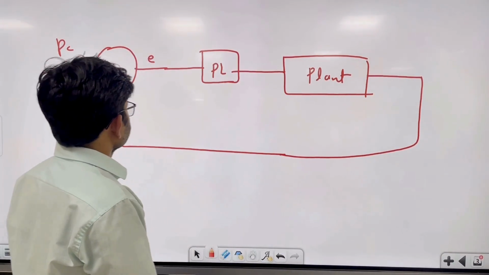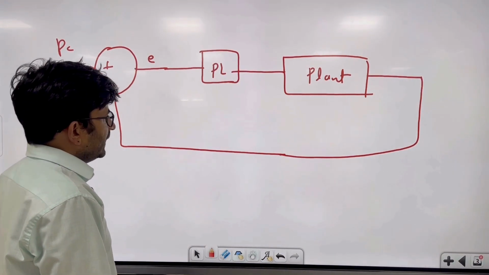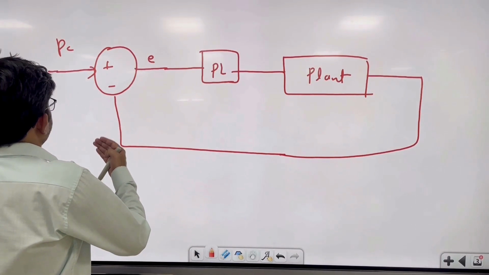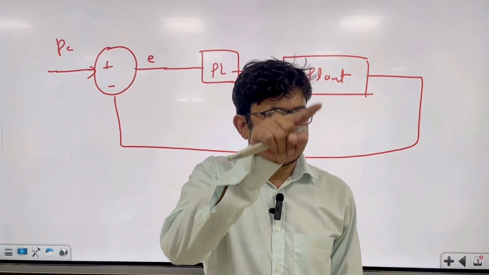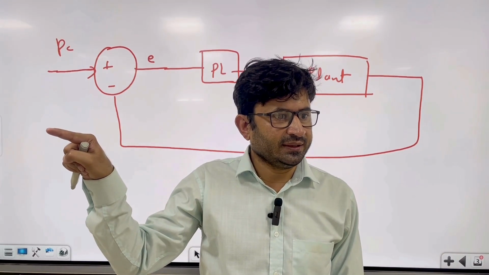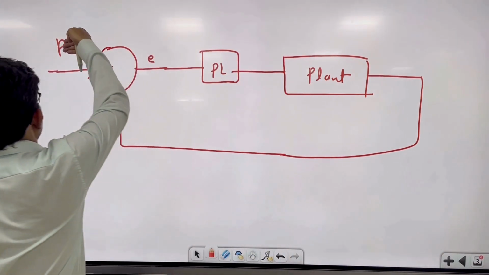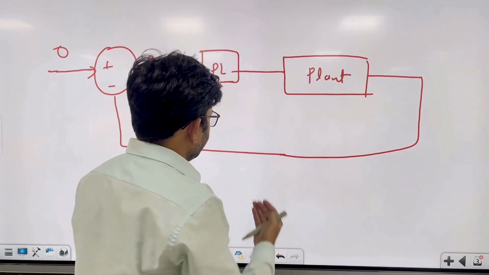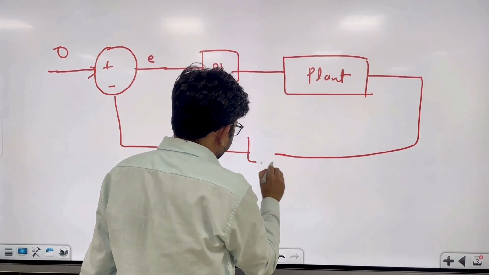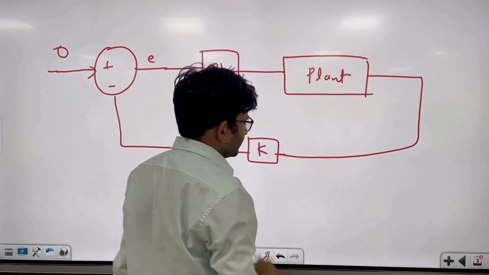Now in stabilization you want to damp out the system, so the command should be 0, and you take the feedback and multiply by some gain.